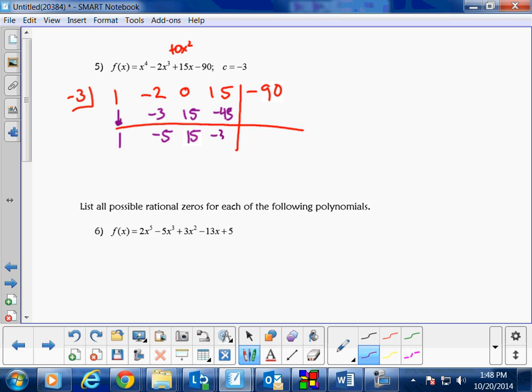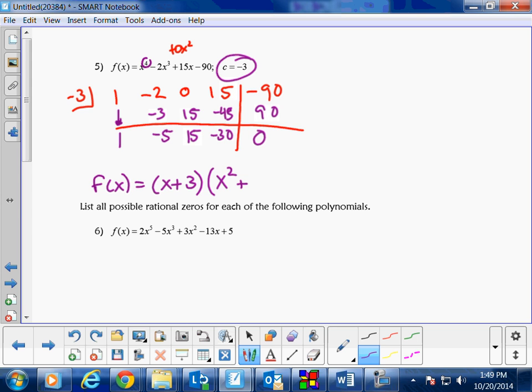I get negative 30, and negative 30 times 30 is positive 90, which means I get 0, and it is a factor. So in this case, f of x will be x plus 3, and again, because opposite of that, and from there we'll get our factor form, x squared plus, well actually not x squared.